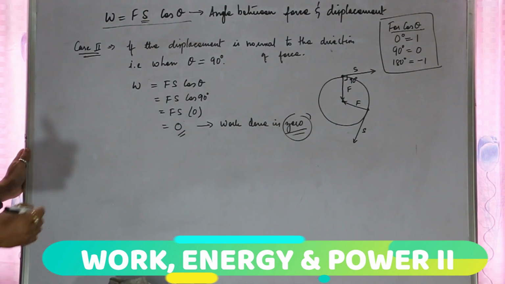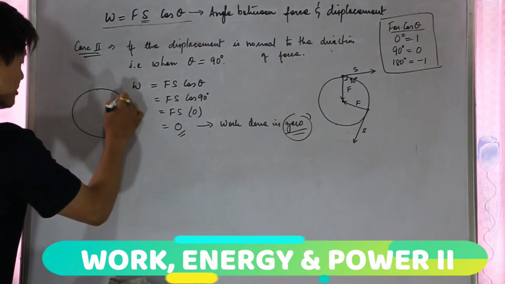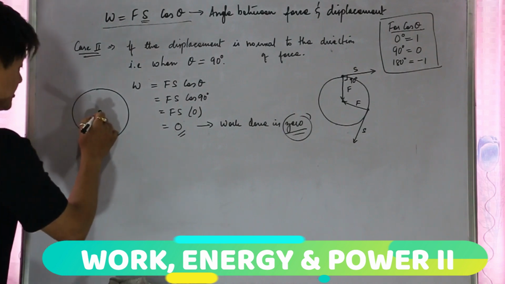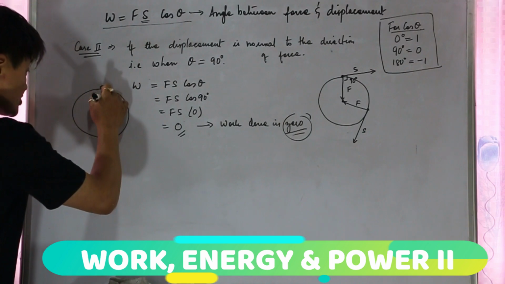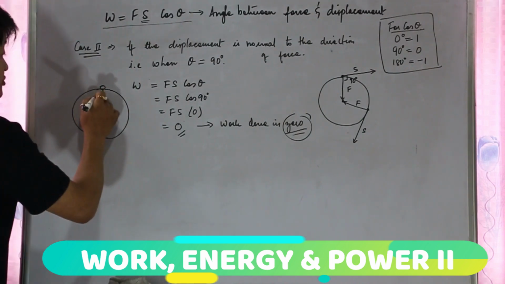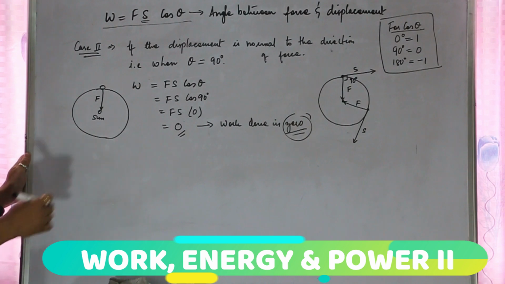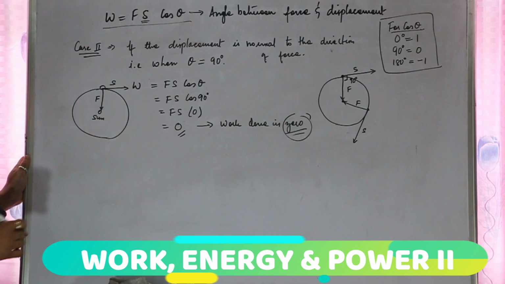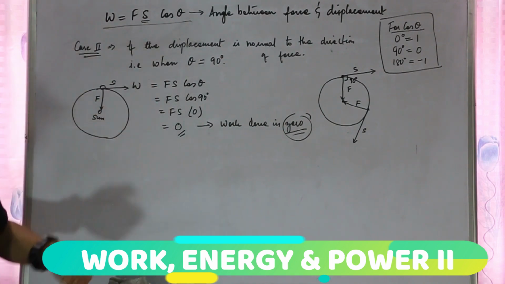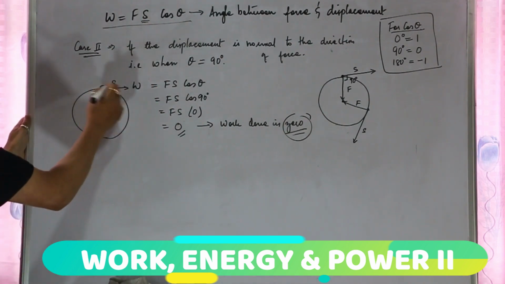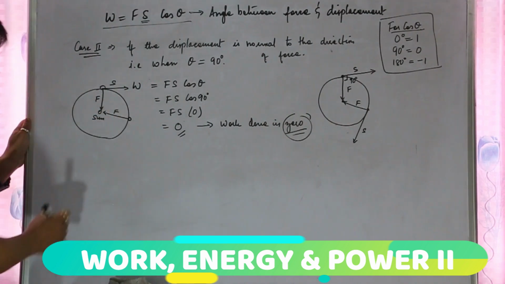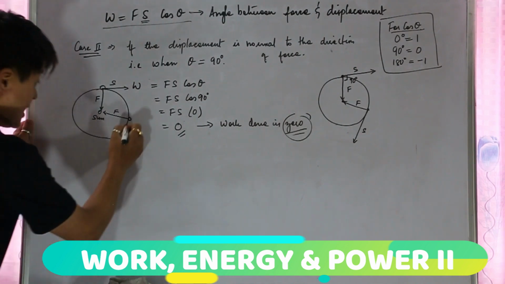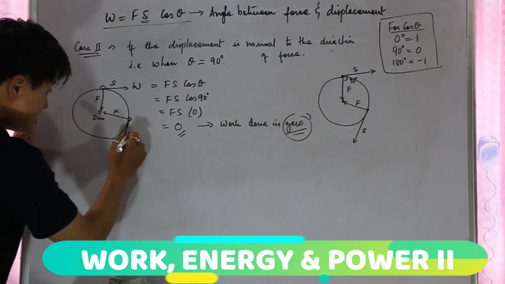Let's take another example. The earth is going around the sun. The sun is here. When the earth is going around the sun, the earth is always pulled towards the sun due to the force of gravity, and the direction of motion of the earth will be in this direction. This will be the displacement. The displacement forms a tangent. So here we can say that at every point the force is directed towards the center, that is towards the sun, and the displacement is in this direction.